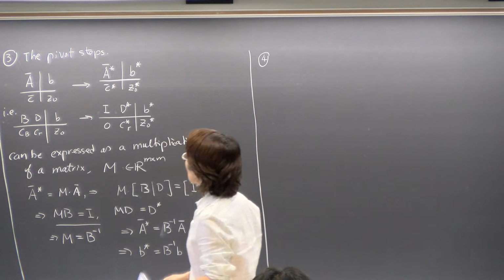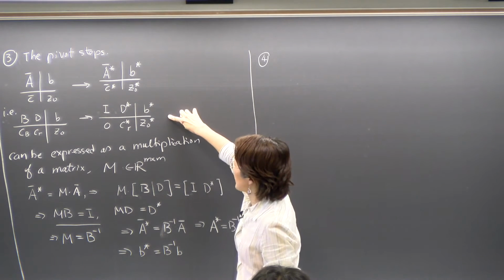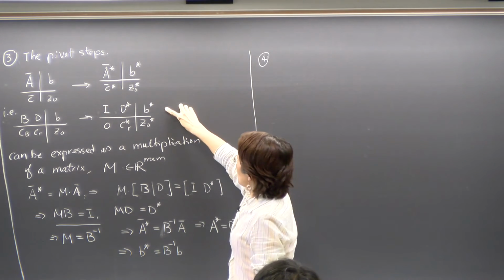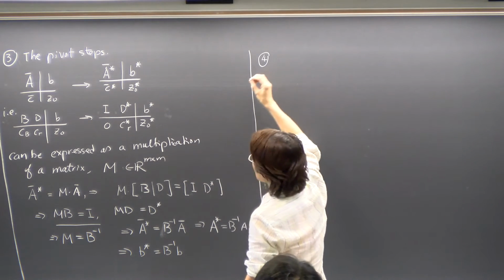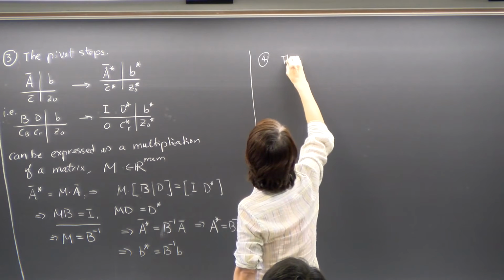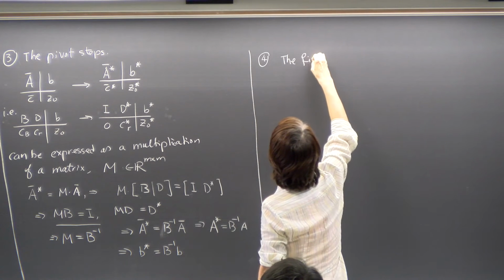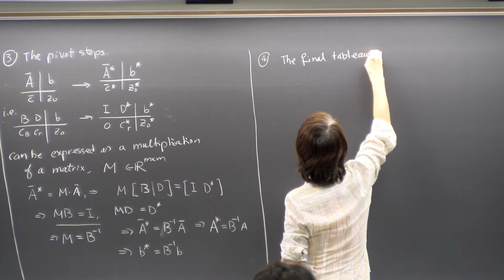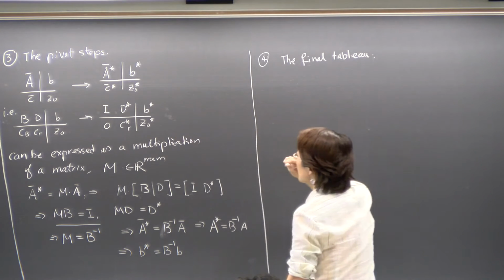Okay, well, let's look at the system after the pivoting, right over here. So what do I have? In the final tableau, let's look at it. This one, what does it give me?